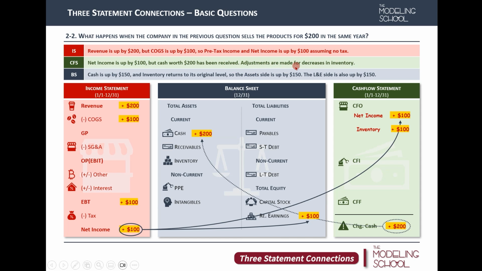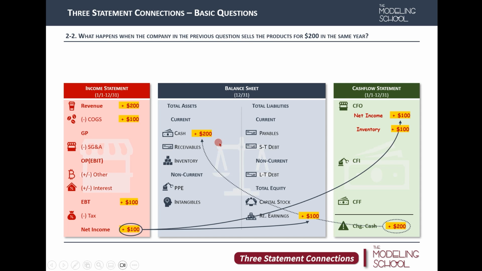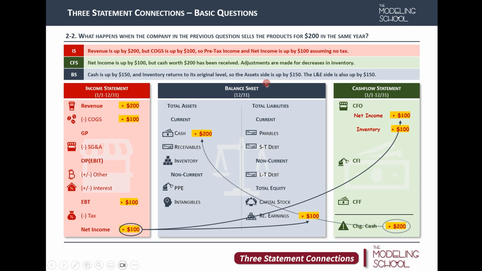Adjustments are going to be made for decreases in inventory. Cash is up by, actually this is a typo, it's up by $200, and inventory returns to its original level. So the asset side is up by 100, and the liabilities and equity side also by 100.